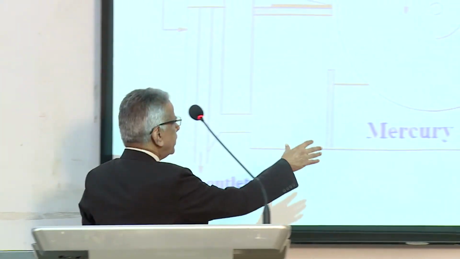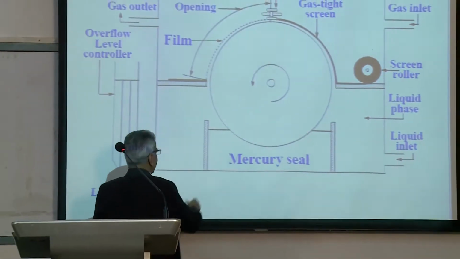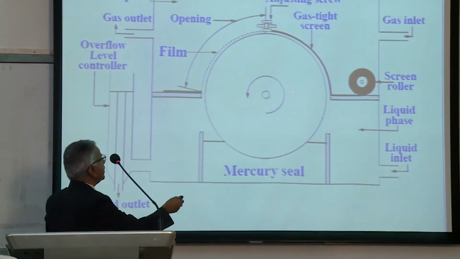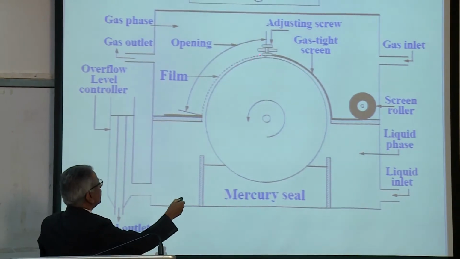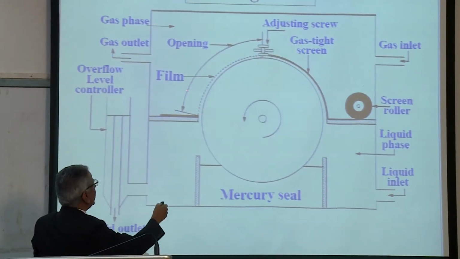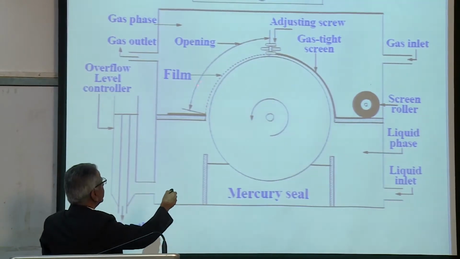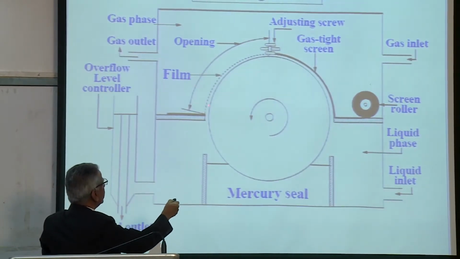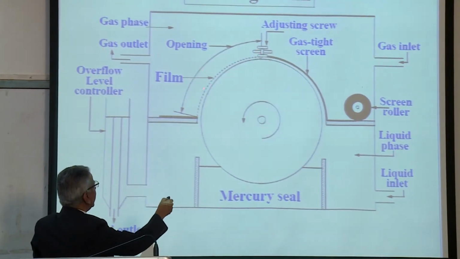So, there is a pool of liquid in which the drum is rotating, but somewhere here there is the contact between gas and liquid. This is entirely gas, and the contact between gas and liquid occurs between this liquid film and the gas.